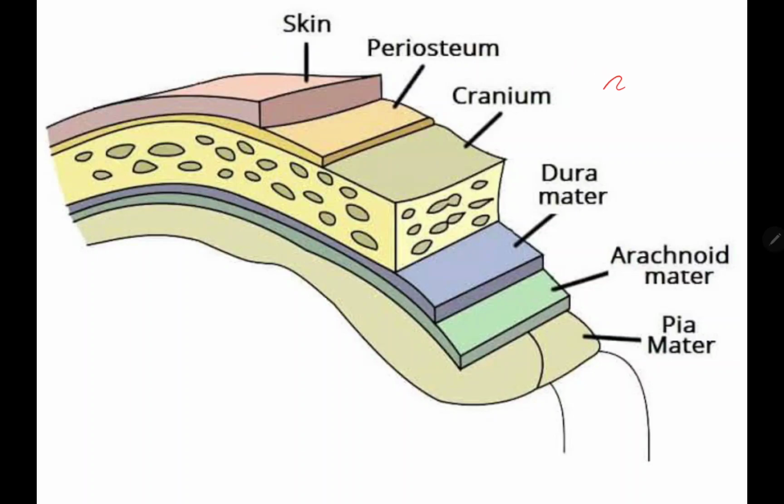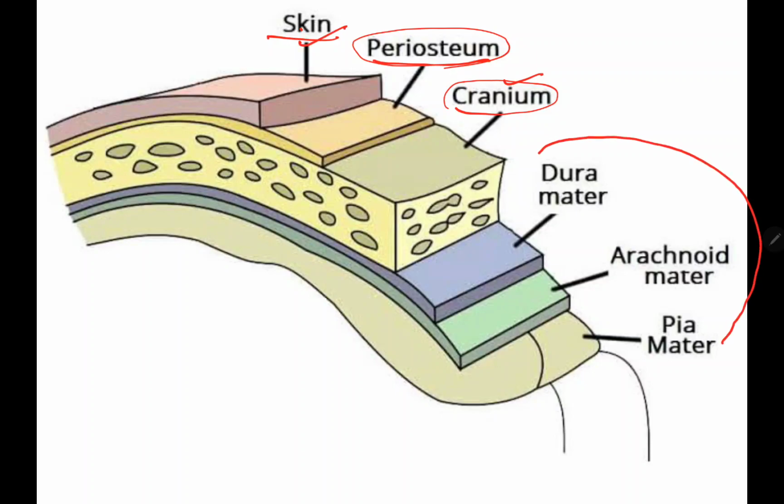See, these are the meninges layers. This is your skin. Just below the skin there is another membrane which is called periosteum. This is a very thin layer, and it connects your cranial bone or cranium with your skin. And now the three meninges are present over here. The outermost layer is your dura mater, the middle one is your arachnoid mater, and the innermost layer is your pia mater.